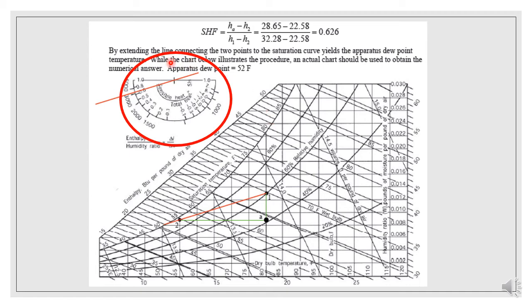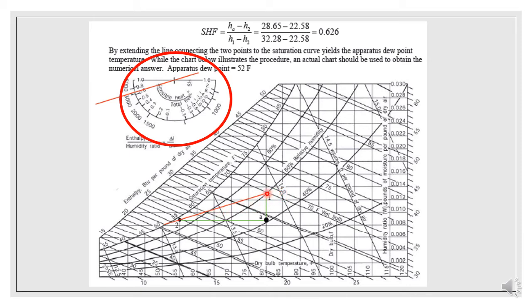Alright, this is the factor, the factor with a protractor here. You can plot actually the room sensible heat factor here, and transfer the line onto the room condition point.